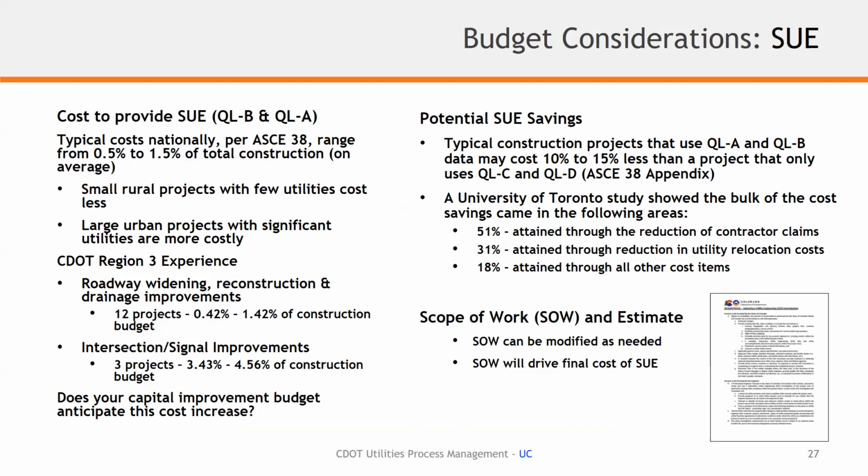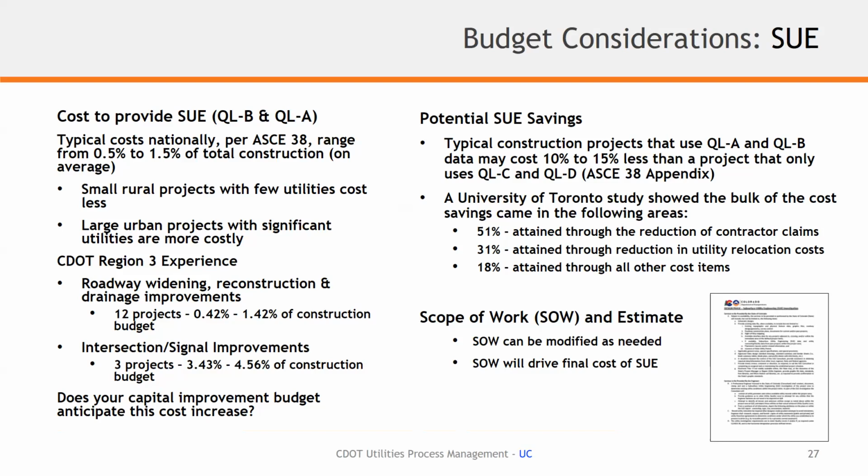So if you're a local agency coordinator in this training, make sure you're talking to your local agency partners about these SUE costs and what that means. But you also could let them know the potential SUE savings on top of all that.